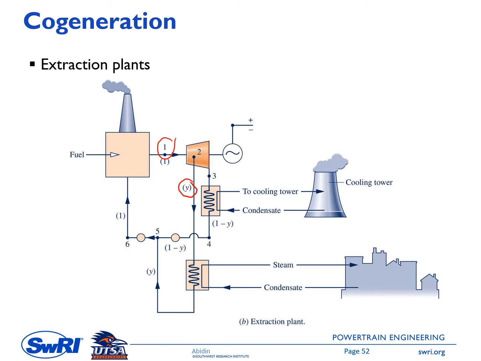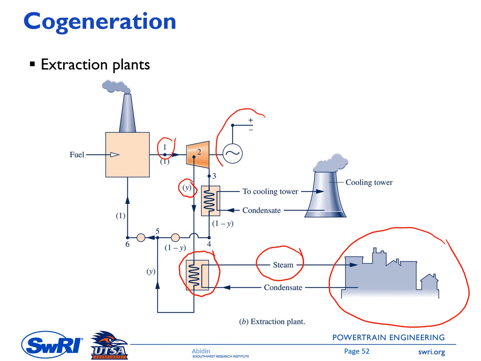Some of this extracted working fluid is diverted to this heat exchanger, and it is dedicated to produce steam. This steam will be routed to the community. So still we have the electric generator here, and we also have steam produced by this cogeneration plant.